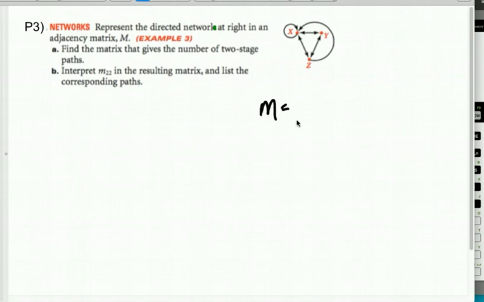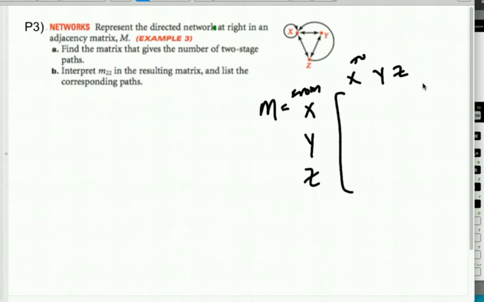Remember that we have the from, so from X, Y, and Z, and then up here we have the to X, Y, and Z. From X to X, there is one path, because you can start at X and follow the loop around and land back at X. From X to Y, there is one path, there's this path. And from X to Z, there's this path, because you can't take the other one because it has the wrong directional arrows. There's only one.